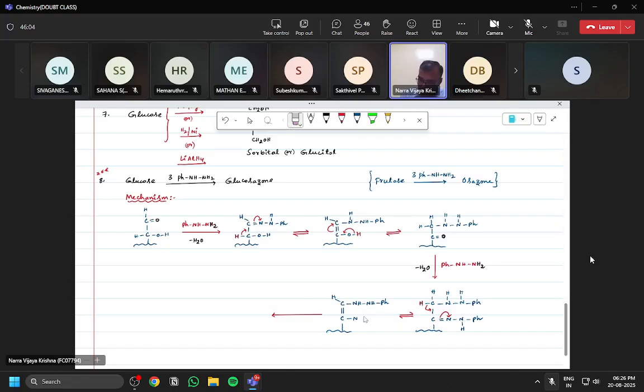Let me write this first. I am migrating this bond from here to here, this bond from here to here, and this bond from here to here. And I am migrating this H from here to here. Right? So Ph NH2 got eliminated.